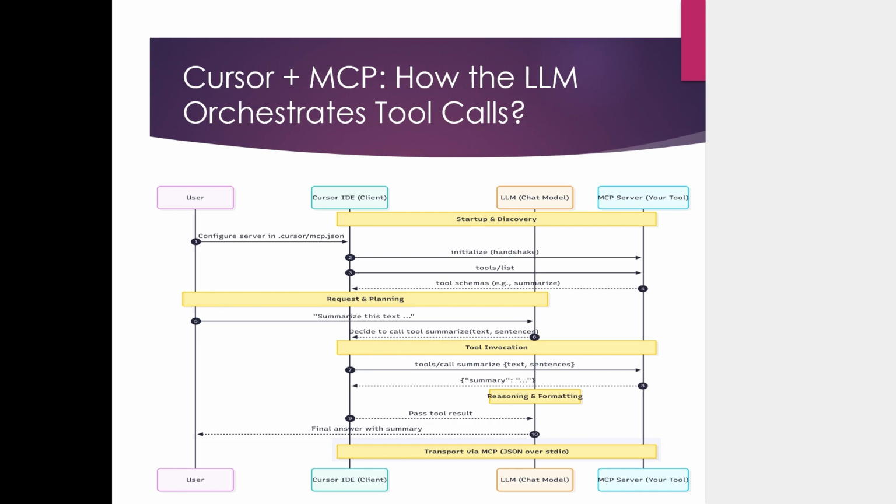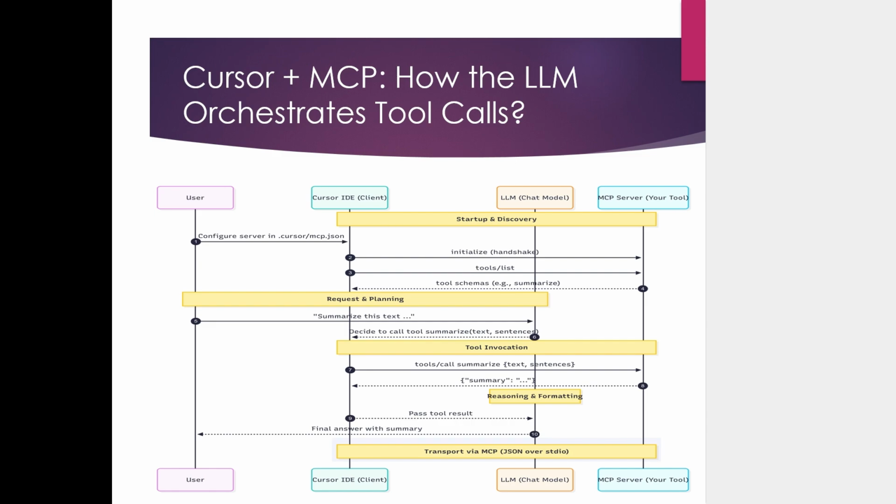The second phase is request and planning. So the prompt comes into the picture. For example, the user enters the prompt, summarize this text, with additional context. Then the decision is taken to identify the tool based on the prompt the user has entered, along with the parameter identification. Then the tool invocation happens as the sixth step.